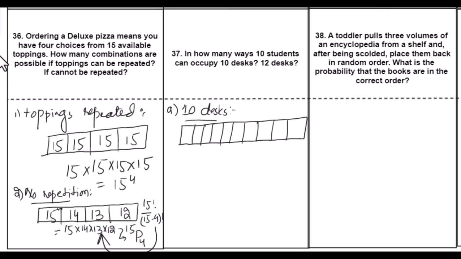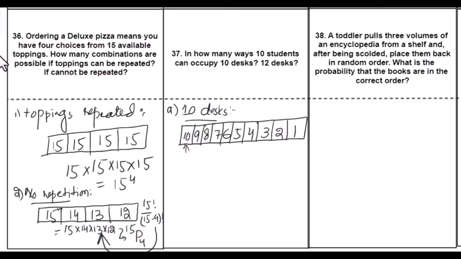Initially for the first seat I will have 10 choices, and for the second I will have 9, then 8, 7, 6, 5, 4, 3, 2, 1. For the first seat, any one of the 10 students can occupy it. When one of the 10 students occupies this seat, 9 students are remaining, and one of those 9 will occupy the second seat.